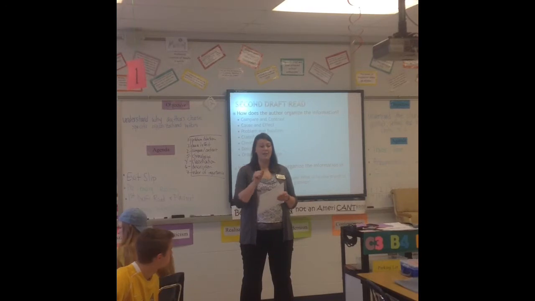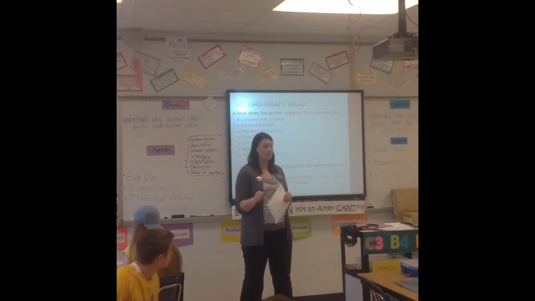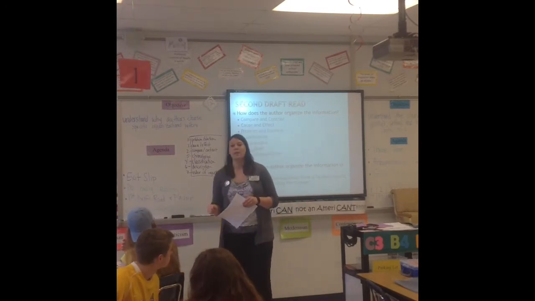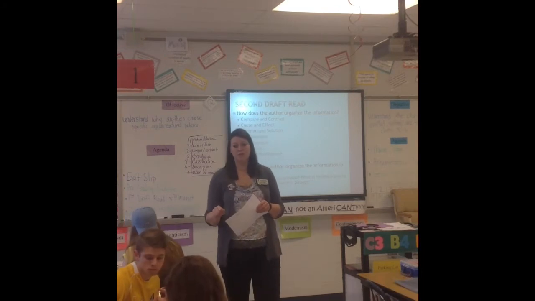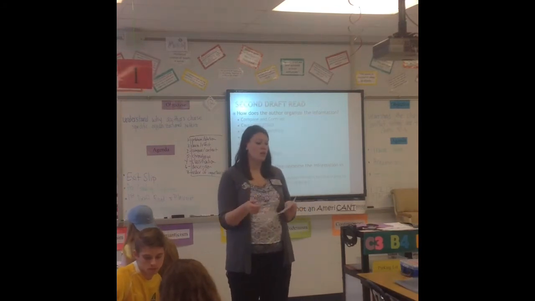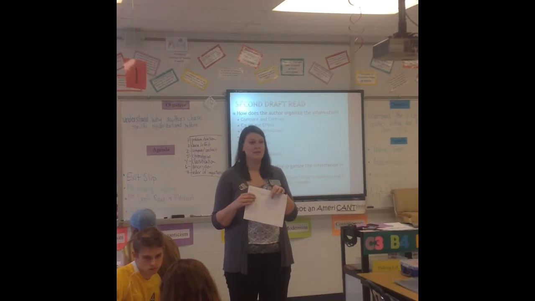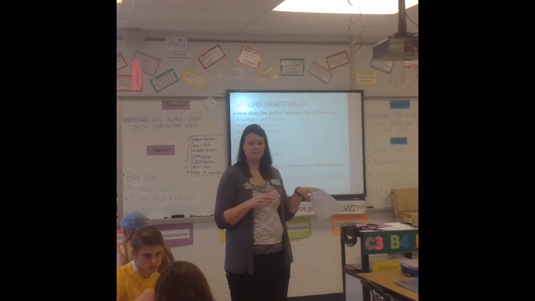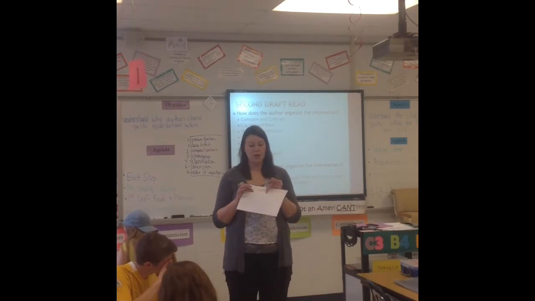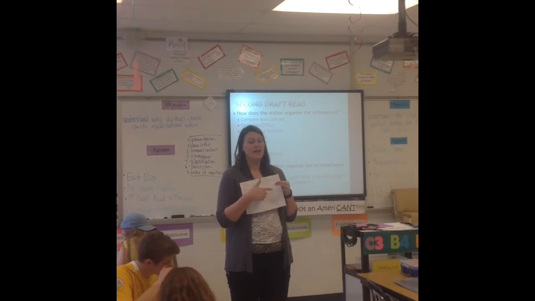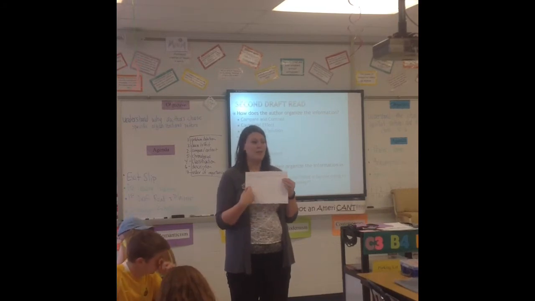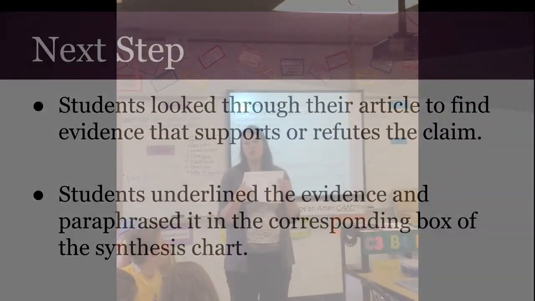You can highlight the quotes, just like we did in previous units. You highlight or underline the quote in the article, and then paraphrase it in the chart. If you remember, the whole point of paraphrasing is that you're not just copying it from one place to another. Paraphrasing is showing that you understand.